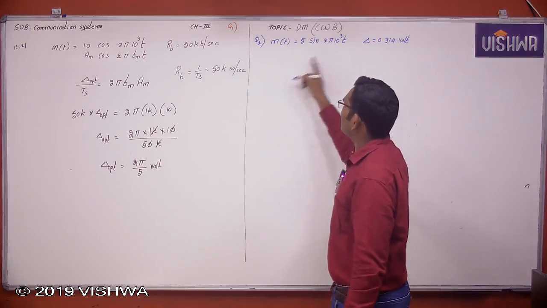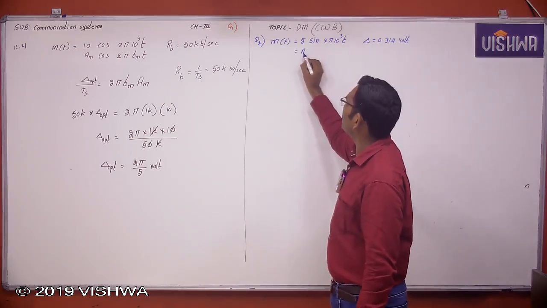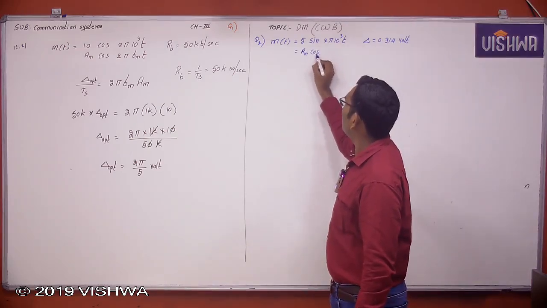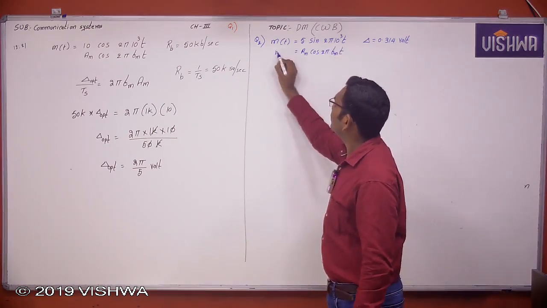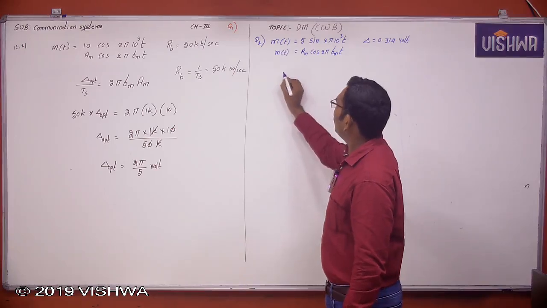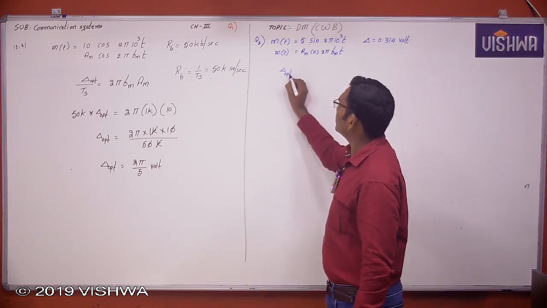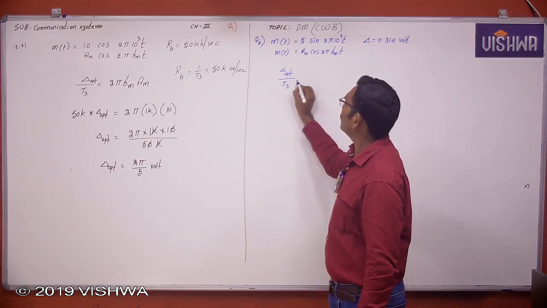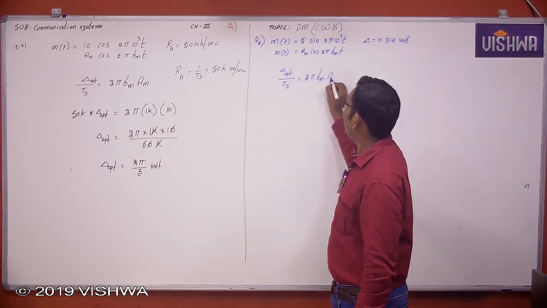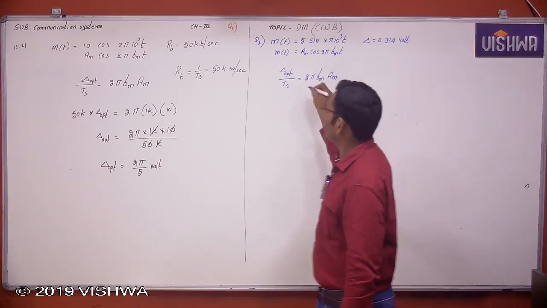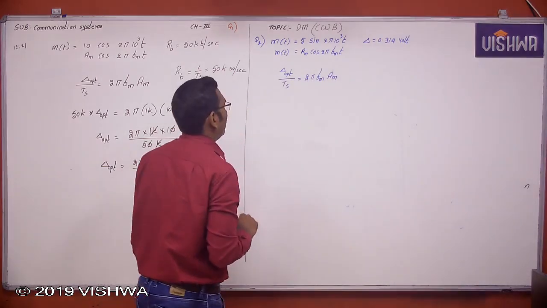Now he is asking to avoid the distortion. This is Am cos or sine, not a problem, 2 pi fm t. To avoid the distortion, the slope of the reconstructed signal and the slope of the message signal must be the same.